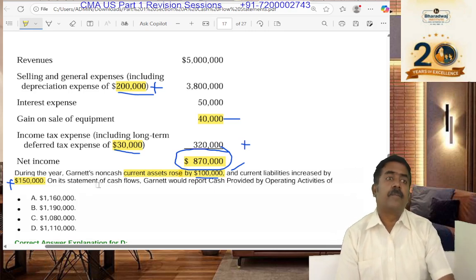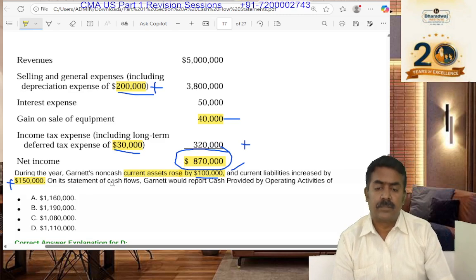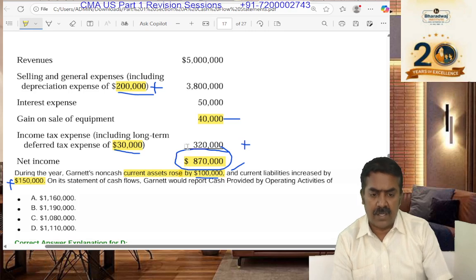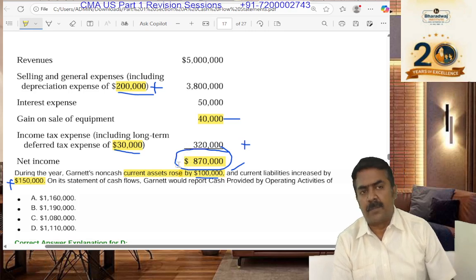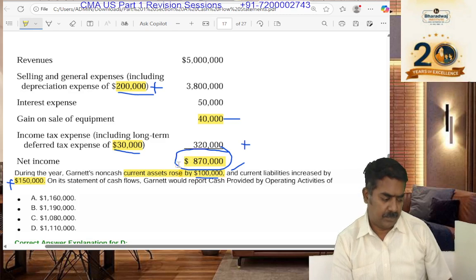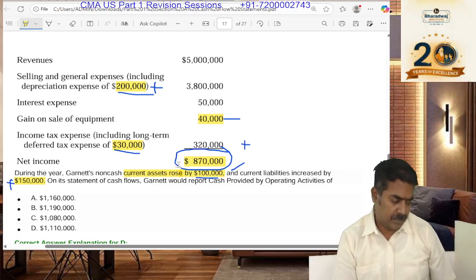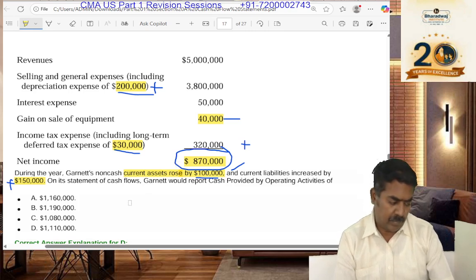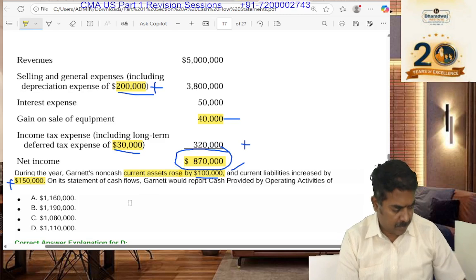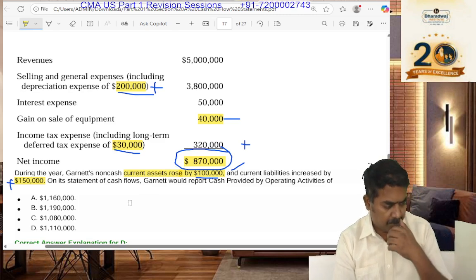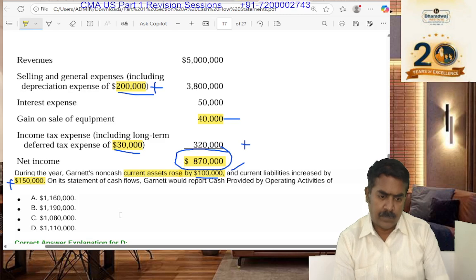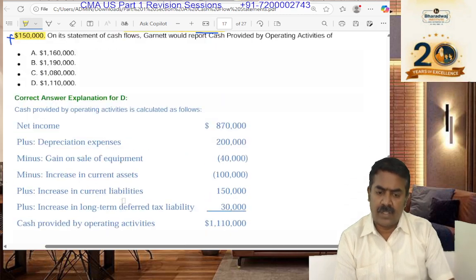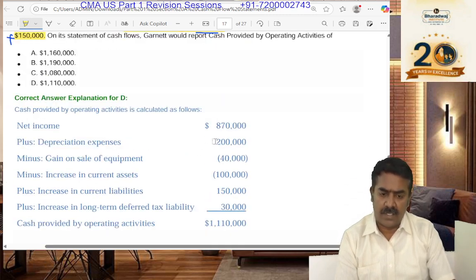How much again? 8 lakhs, 3 lakh, 8 lakhs 17 adjustment. Directly hit. 8 lakh 17 depreciation, 11 lakh 10,000 will come.